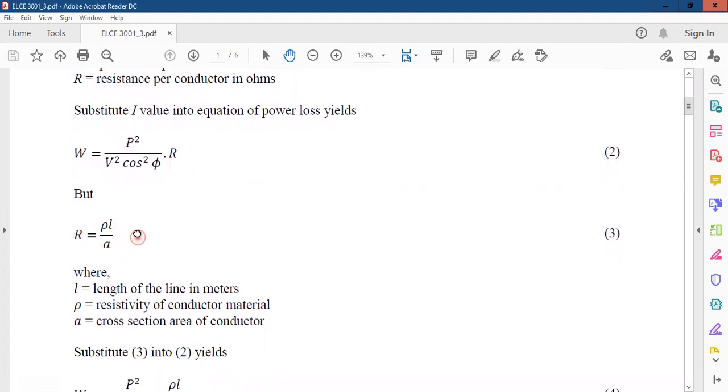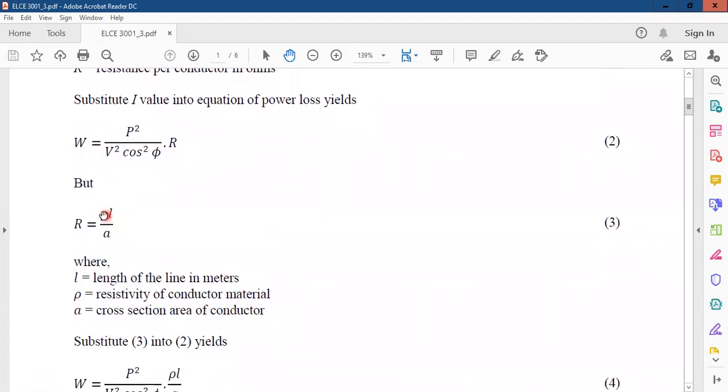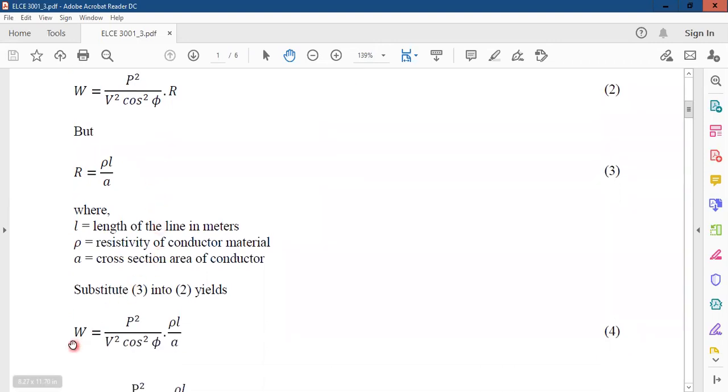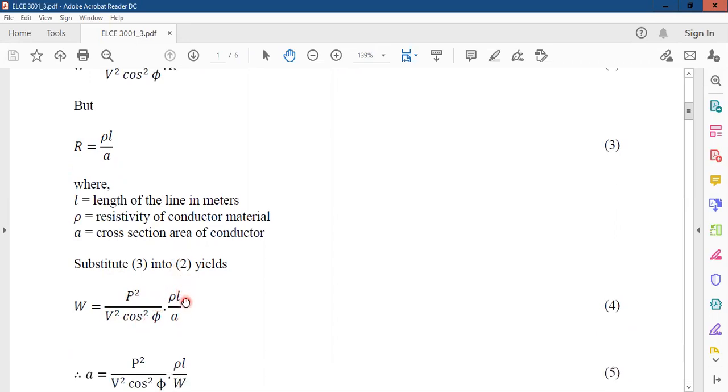Now we substitute the equation for R in the equation for losses. We will get W equals P square over V square cosine phi square, times rho L over A.